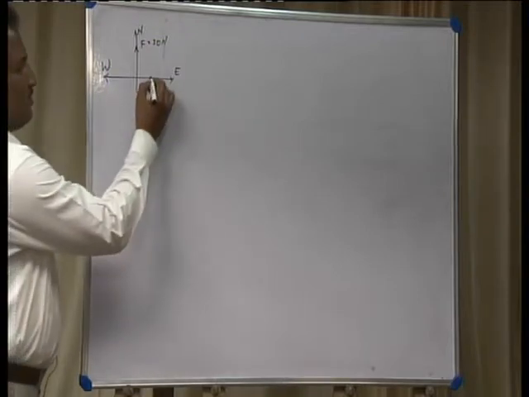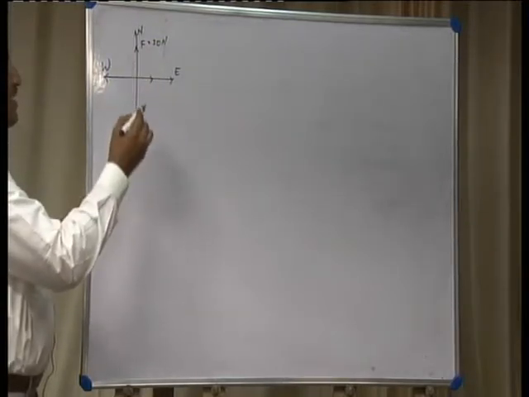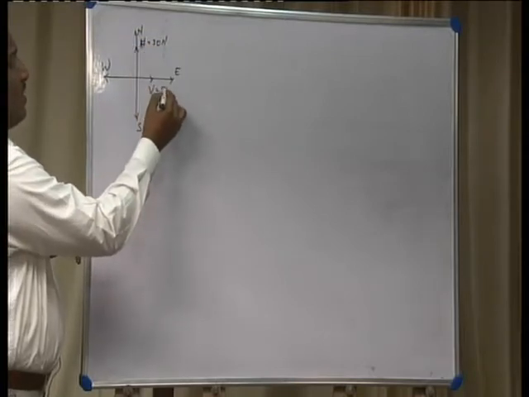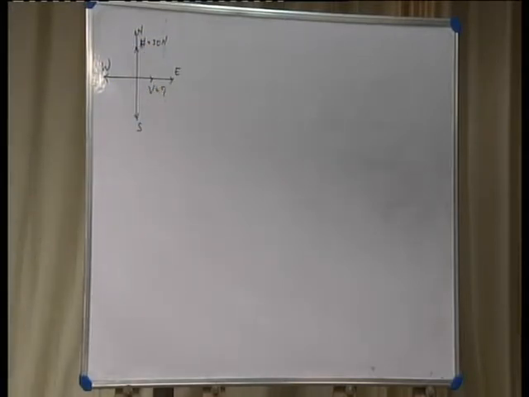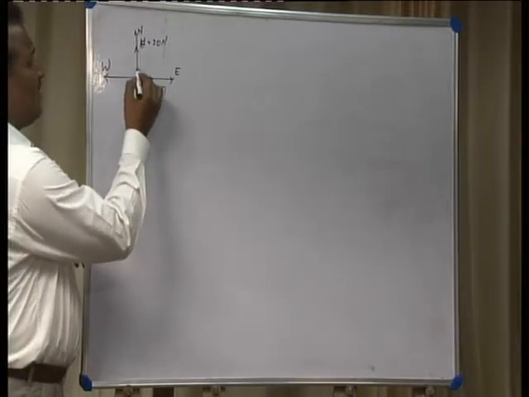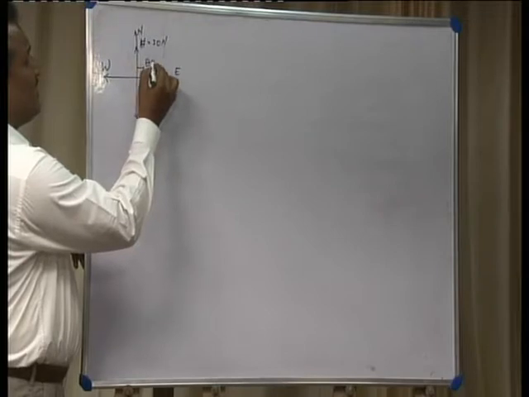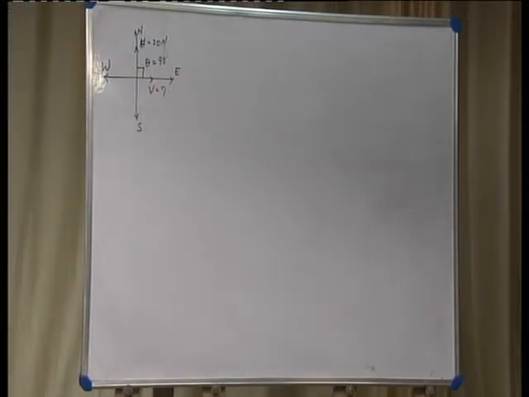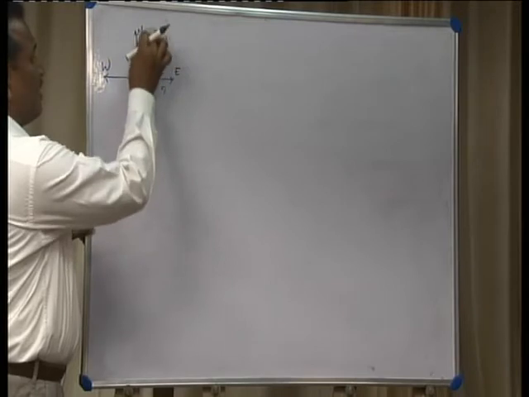So, it is nothing but the horizontal component is asked, given the vertical component, that is all. Between the horizontal and vertical component, in this case theta is equal to 90 degrees. So, this is the horizontal component, this is the vertical component.